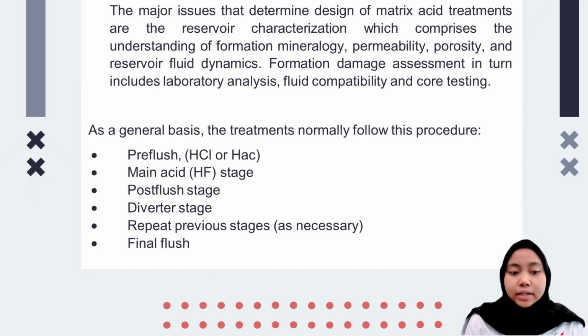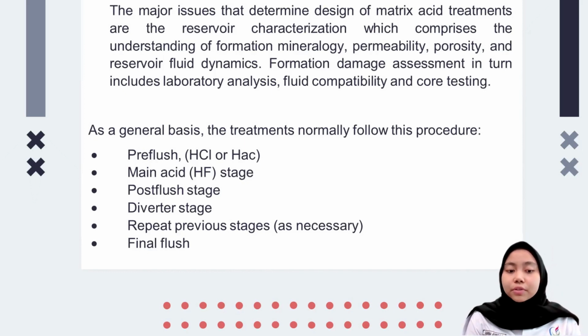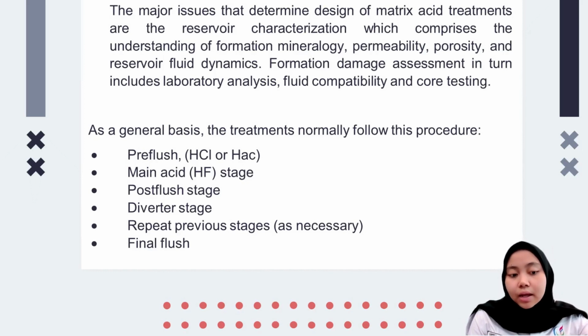The number of stages depends on the length of the zone being treated. Typically, one acid and diverter stage combination is planned for every 15 to 25 feet of formation. The next is to repeat the previous stage, and the last is the final flush.